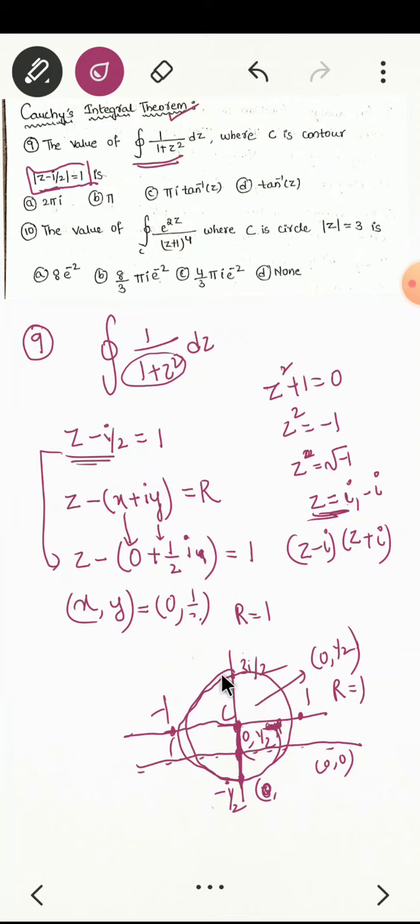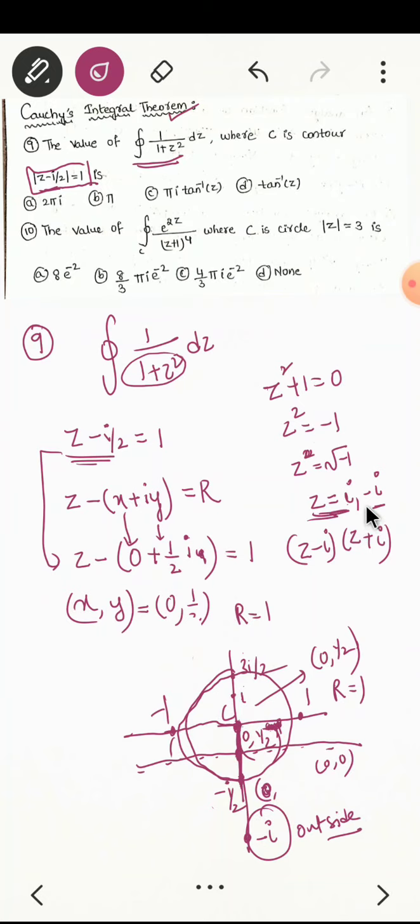Tell me. Yes, i is here, so i is inside the contour. z equal to minus i will be here, below minus i by 2, so minus i is outside the contour.